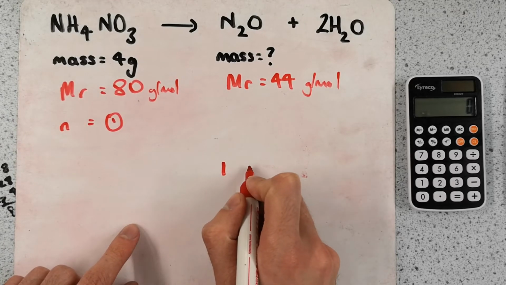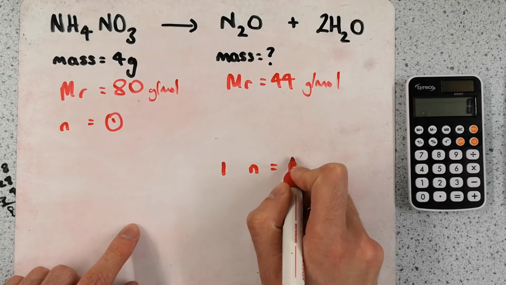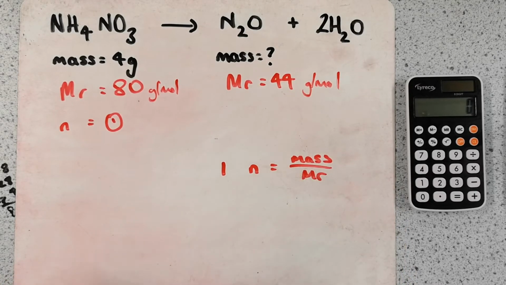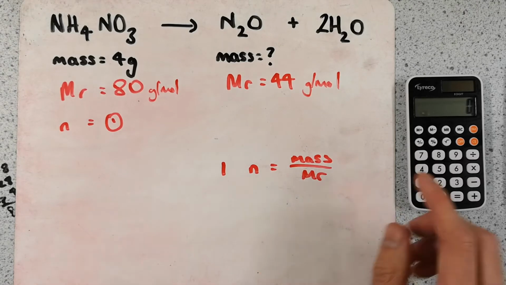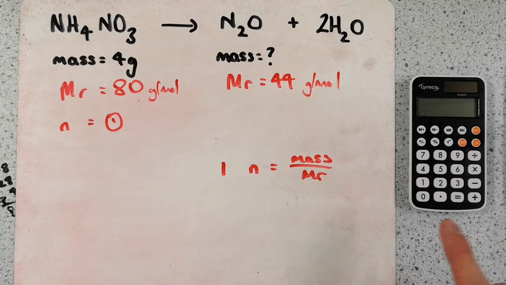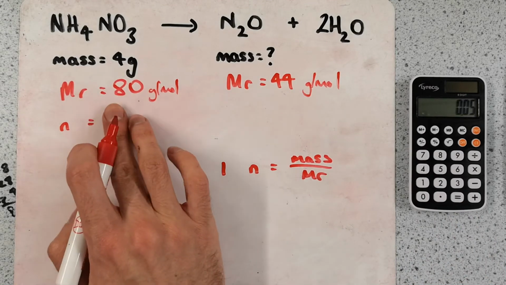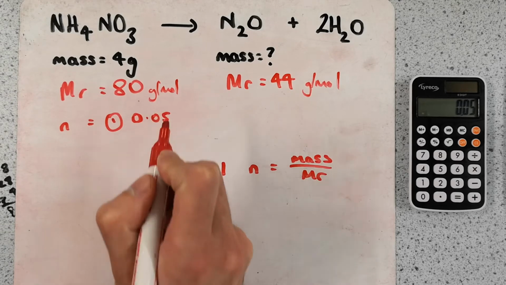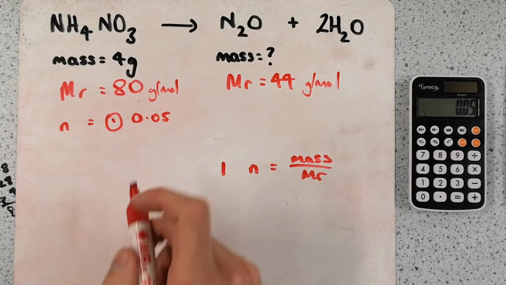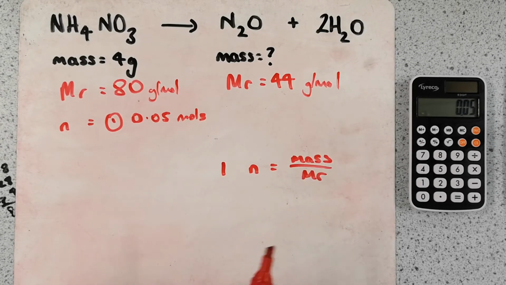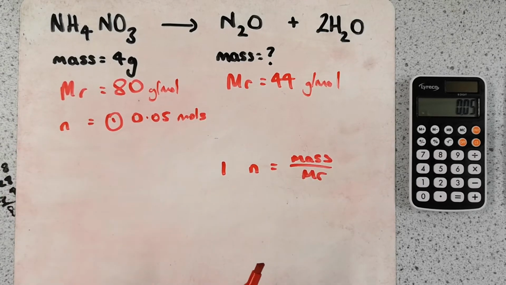Number of moles is equal to mass divided by the molecular mass, or mass over MR. So I've got the mass, which is 4. I divide that by the MR, which is 80, to give me, first up, number of moles here of 0.05 moles. So that's my first step in this calculation.